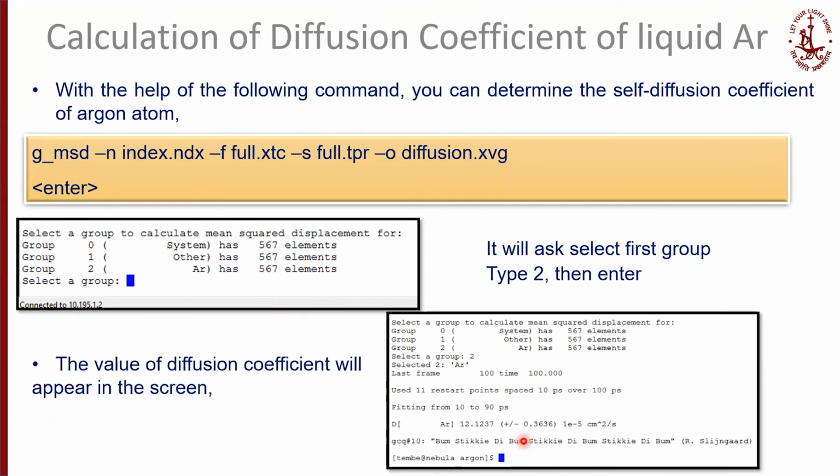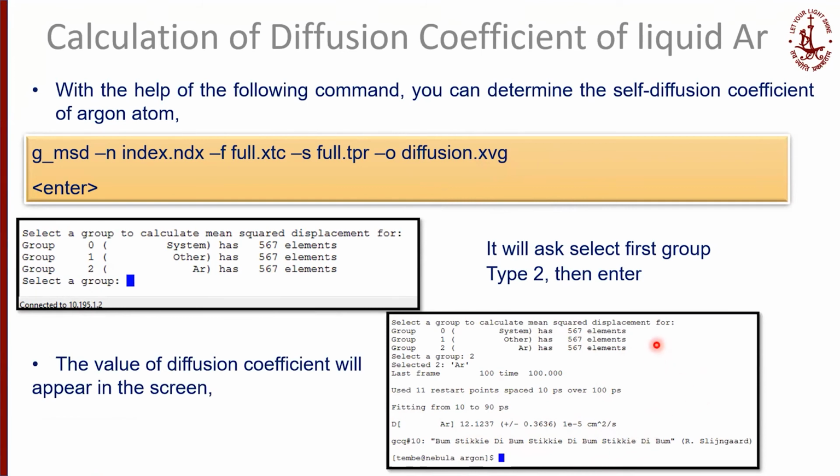If you do that, can you see the value here? 12.1237. Within brackets is the error associated with the calculation, plus minus 0.3636, multiplied by 10 to the power minus 5 centimeter square per second. This is the diffusion coefficient of the argon atom from your simulation.